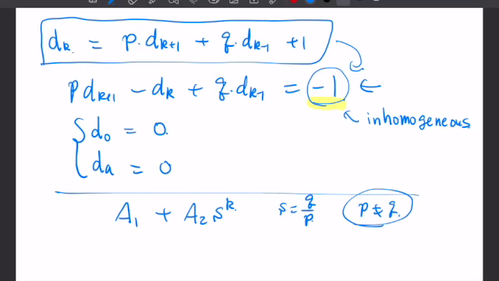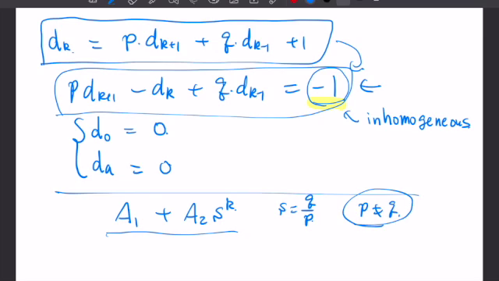Then, by whatever means, we find a particular solution of this equation. Then the sum of the particular solution and the general solution for the homogeneous equation will give us the solution for the inhomogeneous equation.